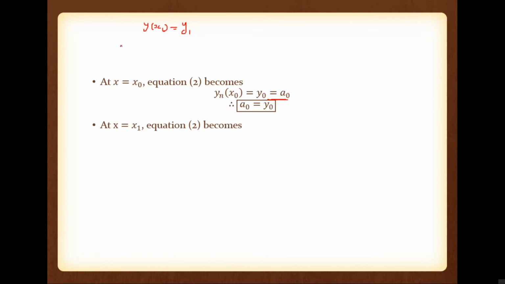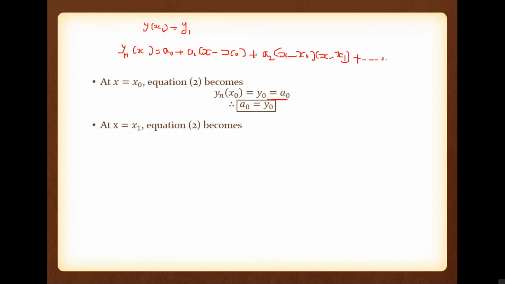Now what is yn of x? yn of x is equal to a0 plus a1 into x minus x0, plus a2 into x minus x0 into x minus x1, because a2 is the coefficient of the second degree term, plus etc. I am not writing the remaining terms.